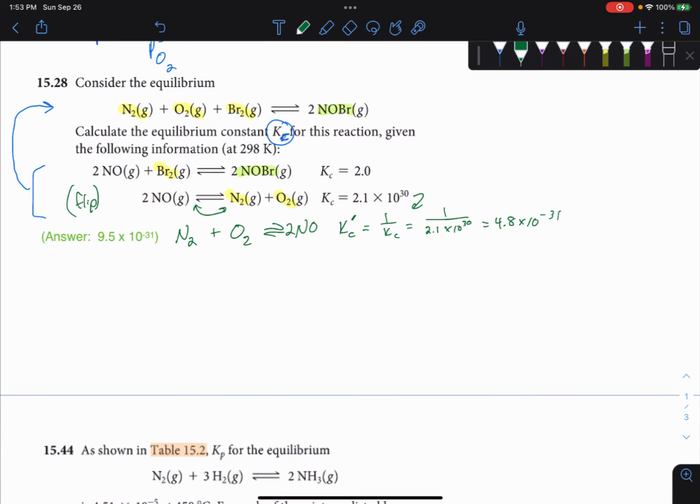Now, since I have now used that, I'm going to mark that out so I don't go back and mess with it. And then the other little thing that you always want to check on is if there are any what I'm going to call intermediates, something that, for example, shows up in the two expressions, but is not actually in the reaction we're going toward.